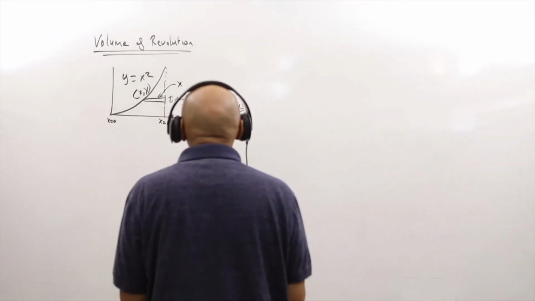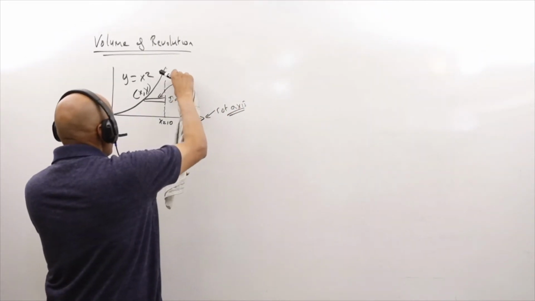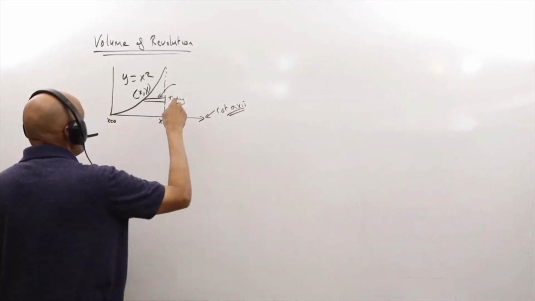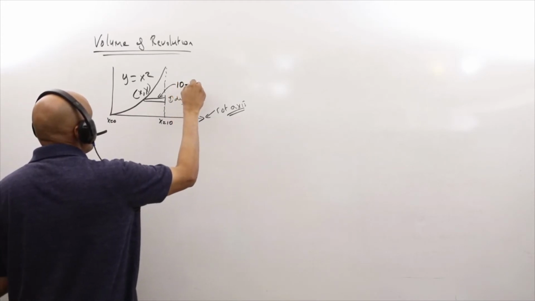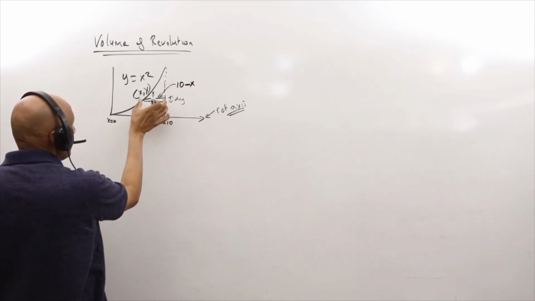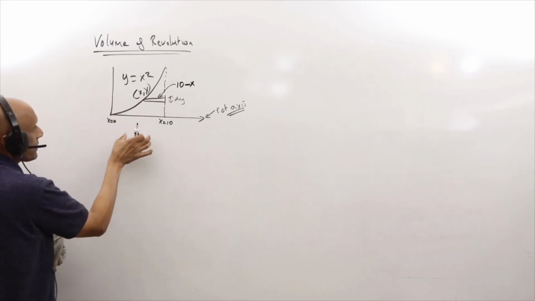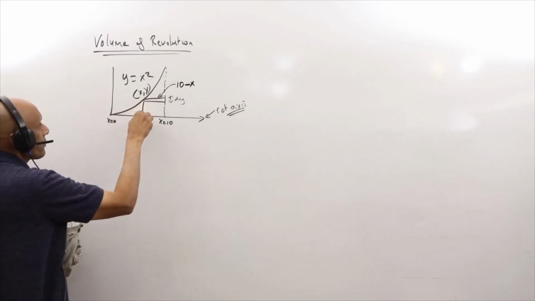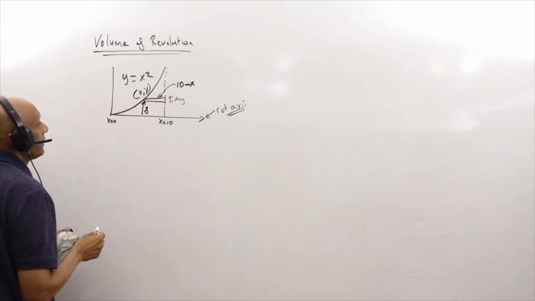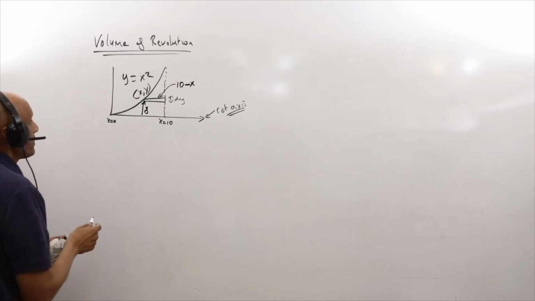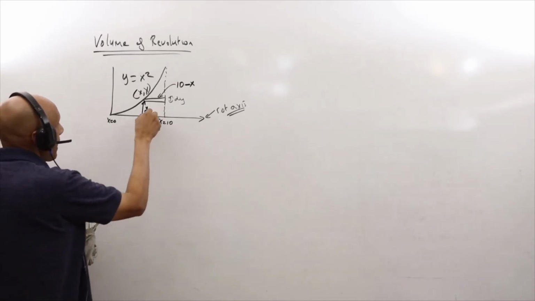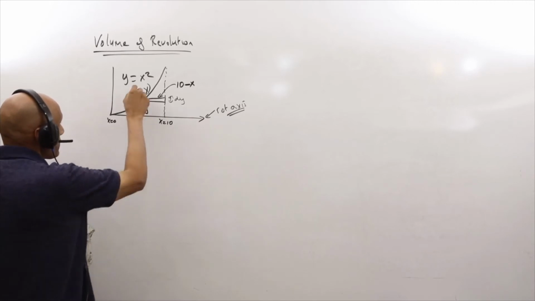It's a little more work to analyze, so I can't generalize it very quickly. So 10 minus x is the length of that curve, and the distance from here to here is y, which in this case happens to be x squared, but I'll use y temporarily just to get used to it.